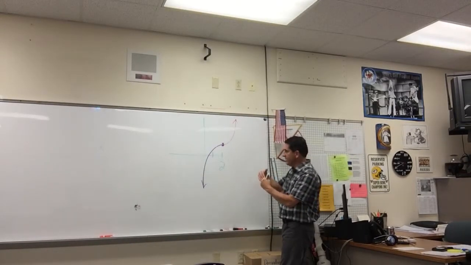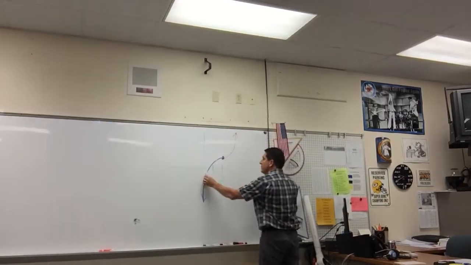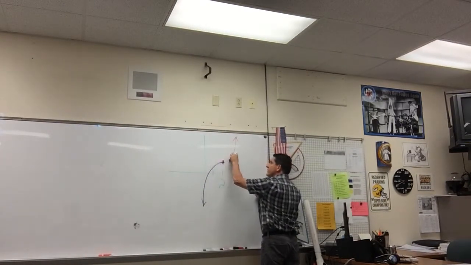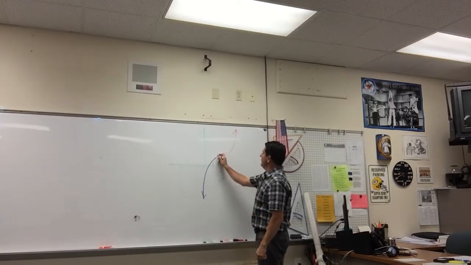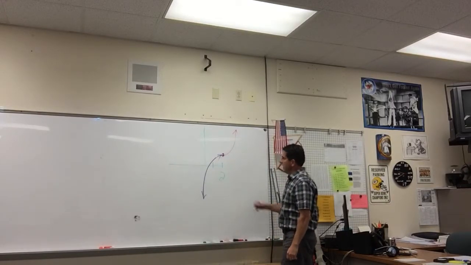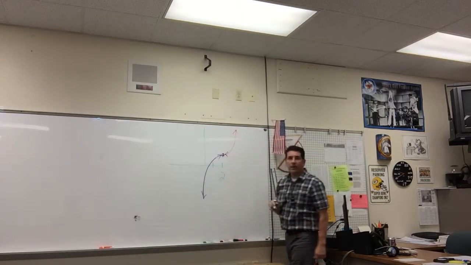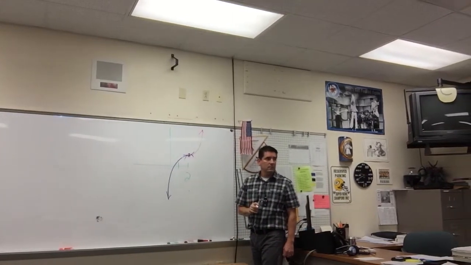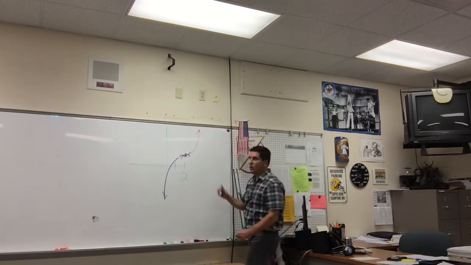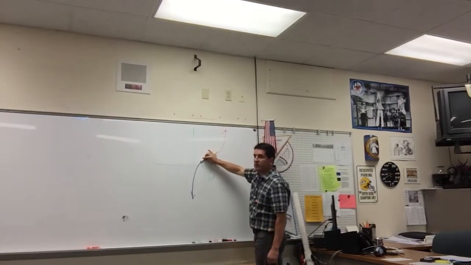So it can't be a sharp turn at all. It has to be this perfectly smooth transition between those two. In other words, the derivative of this one has to equal the derivative of that one at x equals 2. That's the only way we can have a smooth transition.